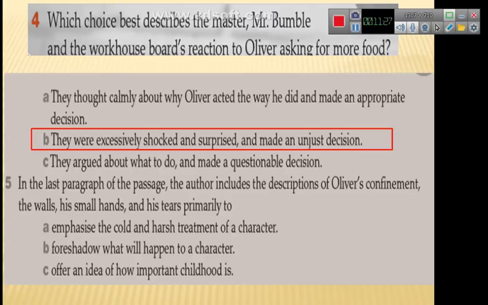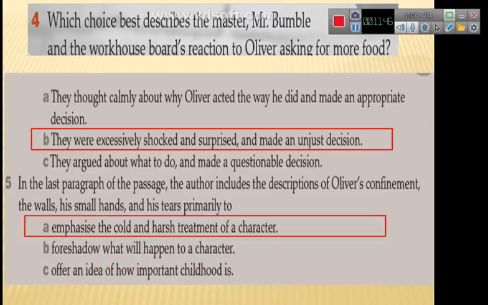Why? Because Oliver asked for more food. In the last paragraph of the passage, the author includes the description of Oliver's confinement, the walls, his small hands, and his tears, to emphasize the cold and the harsh treatment of a character.